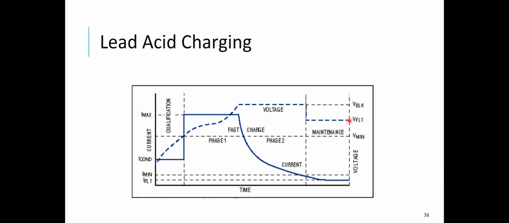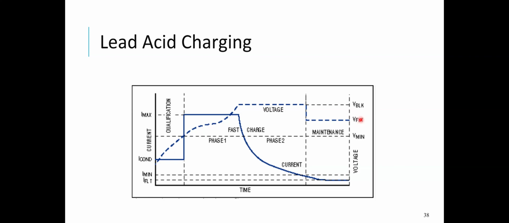And basically by floating this battery, we can ensure that the battery self-discharge never occurs and the battery is fully charged. It's also healthy, makes sure that the battery health is improved if it's kept at this floating voltage. So that's very specific to lead acid batteries.